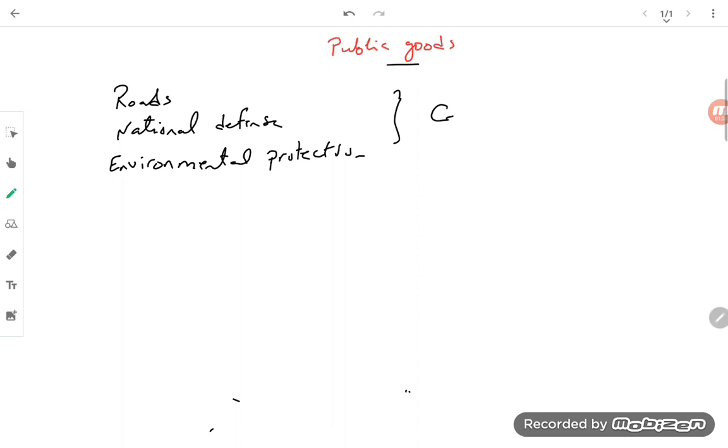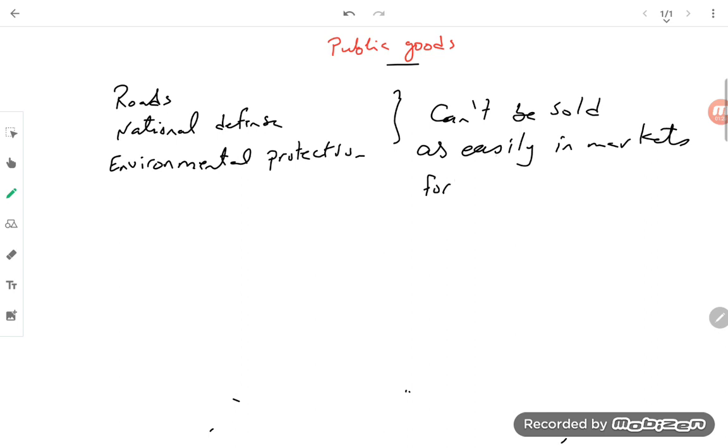Actually, they can't be sold as easily in markets for the exclusive benefit of the consumers.